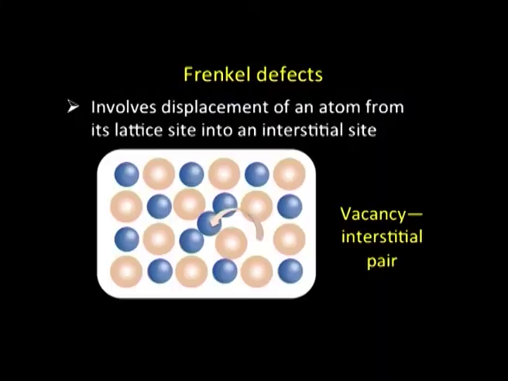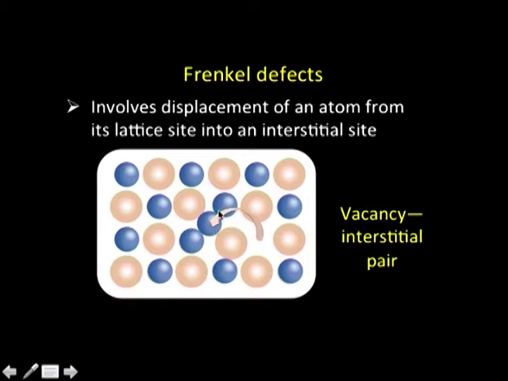Now, let us move on to the Frenkel defects. In case of Frenkel defects, basically they involve displacement of an atom from its lattice site into an interstitial site. Very interesting phenomenon. Let us look at this. So, basically what happens is, we have a lattice, and in this case what I am showing here is a cation which has moved from its own position and got into an interstitial position.